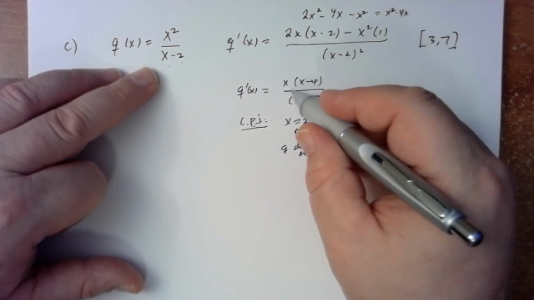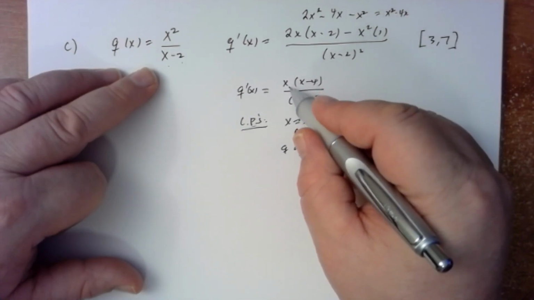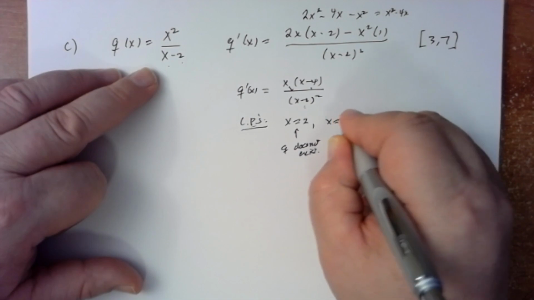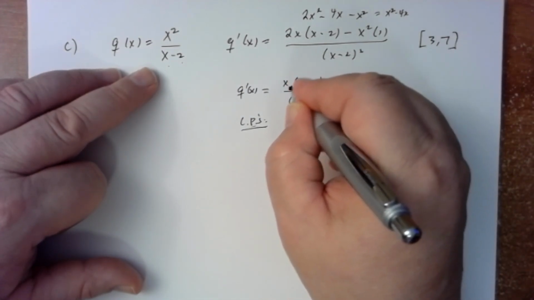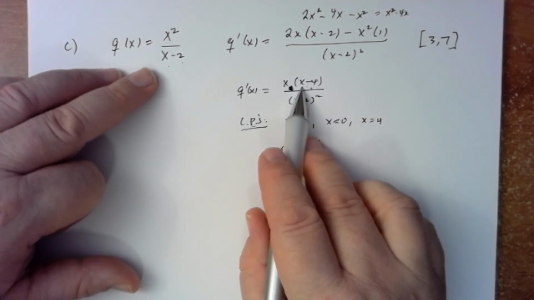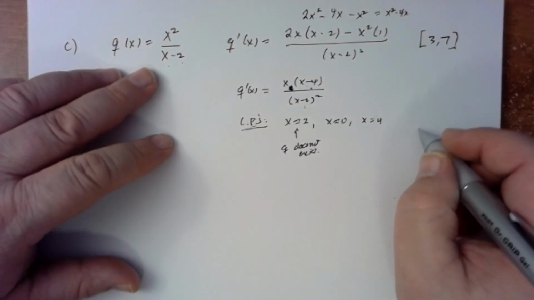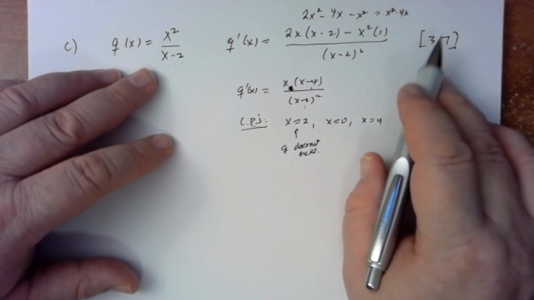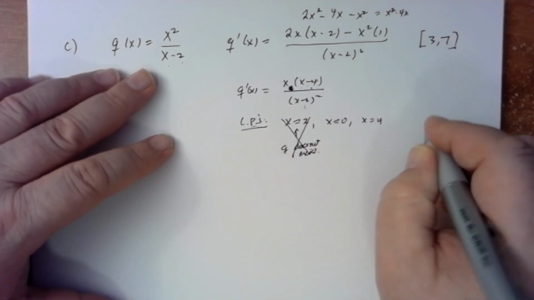Okay, and then the other critical points are x equals 0 and x equals 4. Those are points where we're setting the derivative equal to 0, where the numerator is equal to 0. Good. Yeah, this vertical asymptote is right. Oh, hey, we lucked out. The vertical asymptote is not in our interval, so we don't have to worry about it.